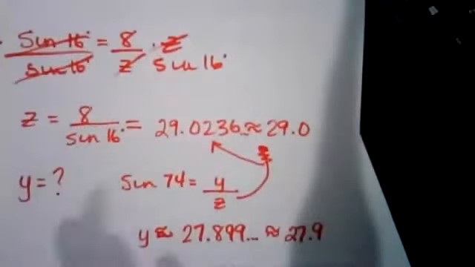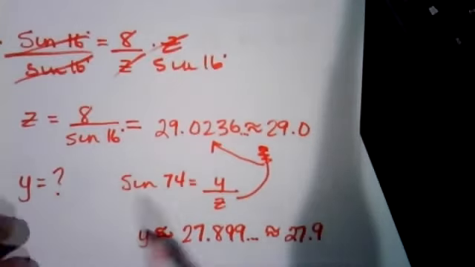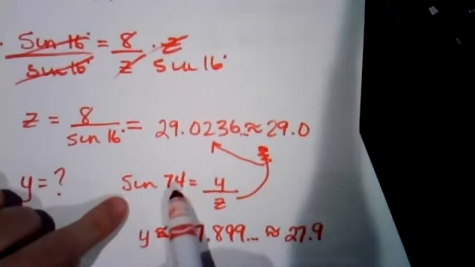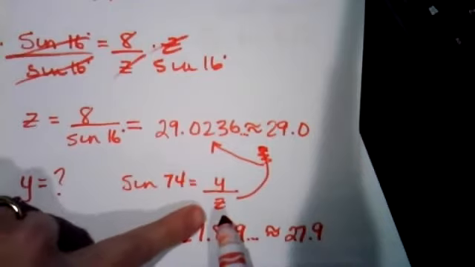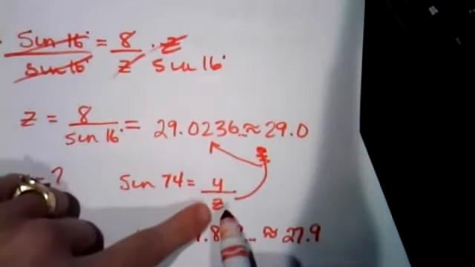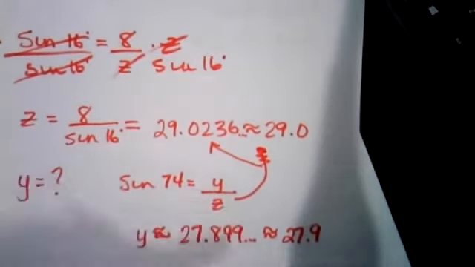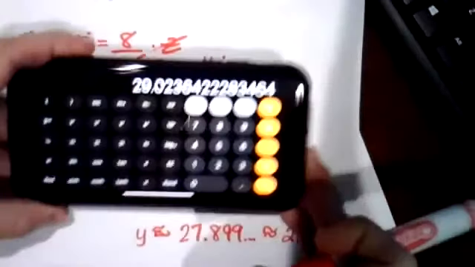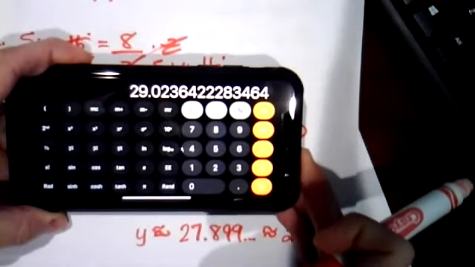That's fine. You could do that. You will get the same answer. Okay, but I happen to use sine of 74 equals y. I went back to my z, this one, not my 29, but this form.